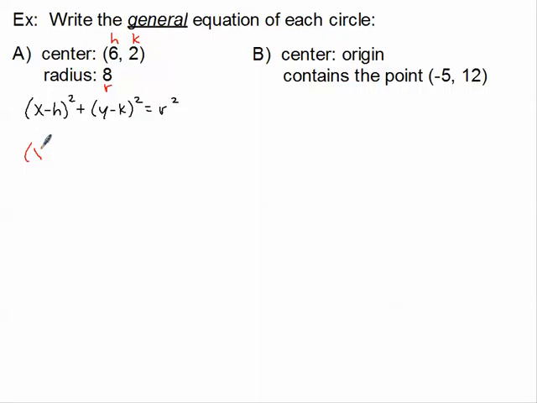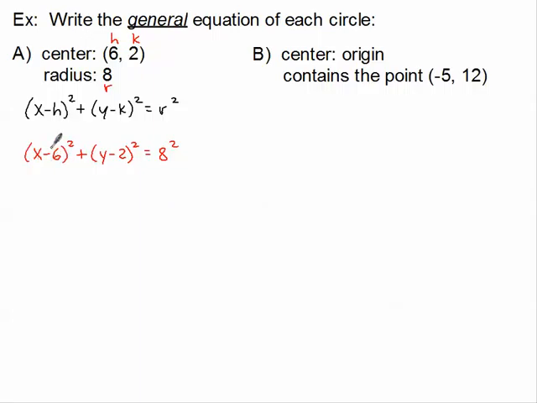So it's going to be x minus 6 quantity squared plus y minus 2 quantity squared is equal to 8 squared. So this is our standard form, though we might say 64, of course, here. I'm not interested in standard form, though I need to put it into standard form before I put it into general form. Now to put it in general form, I need to release all of these parentheses and put all of our terms in the correct order.